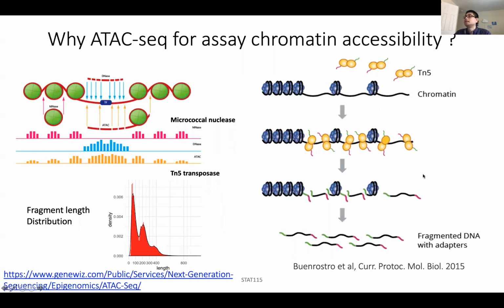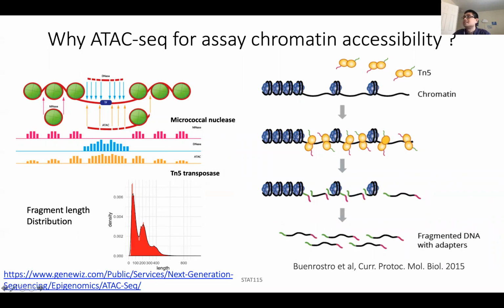We know DNA wraps on nucleosomes in eukaryotes, and transcription is tightly controlled by transcription factors. The accessibility of a chromatin region to a specific TF is critical in gene regulation. So ATAC-seq, or assay for transposase-accessible chromatin with high throughput sequencing, is a method for determining chromatin accessibility across the genome.